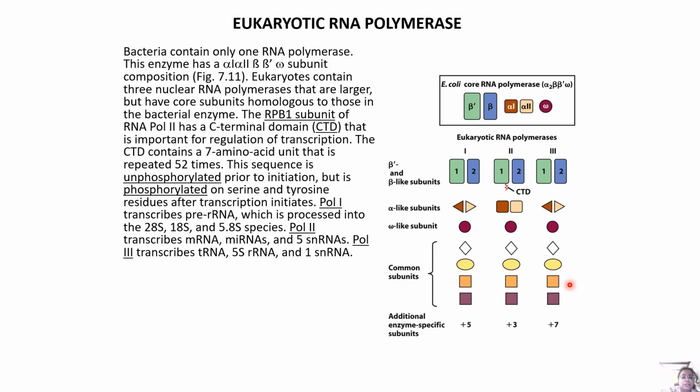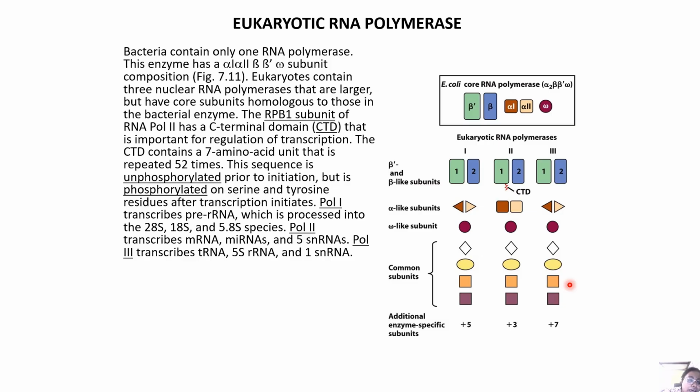The RPB1 subunit of RNA polymerase 2 has a C-terminal domain that is important for regulation of transcription. The C-terminal domain contains a 7 amino acid unit that is repeated 52 times. This sequence is unphosphorylated prior to initiation but is phosphorylated on serine and tyrosine residues after transcription initiation.